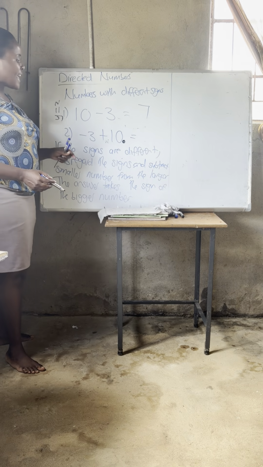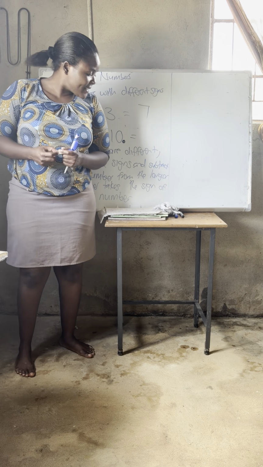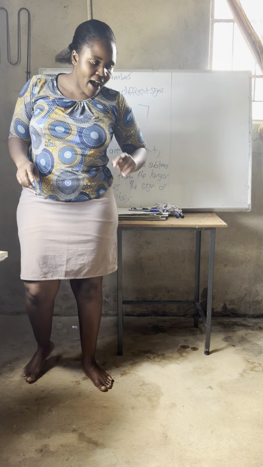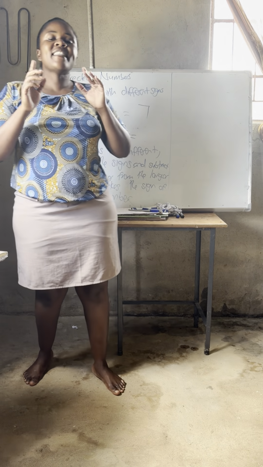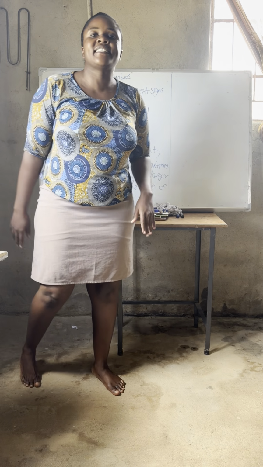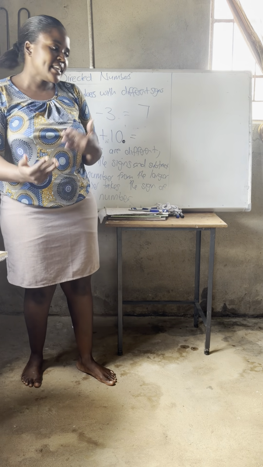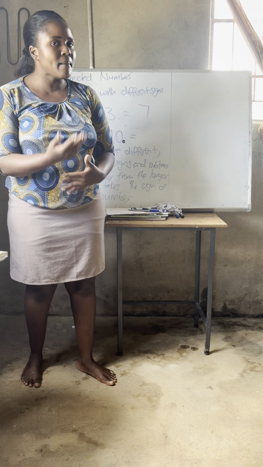So, directed numbers. Step 1, check the signs. If the signs are different, subtract the smaller number from the larger. And the answer takes the sign of the larger.